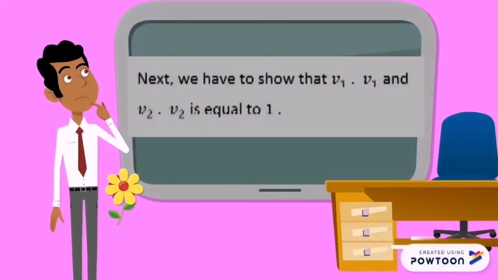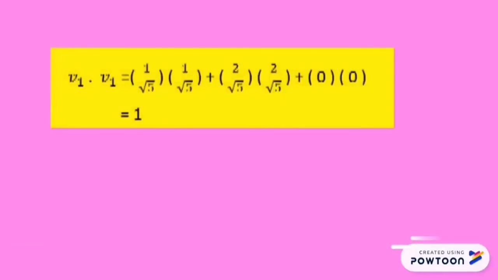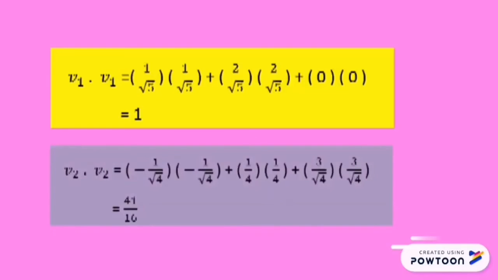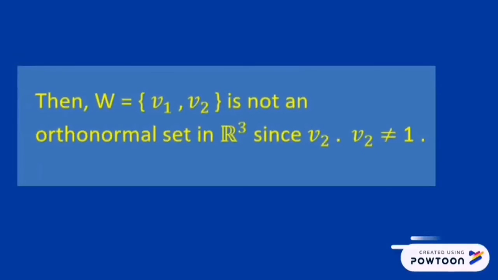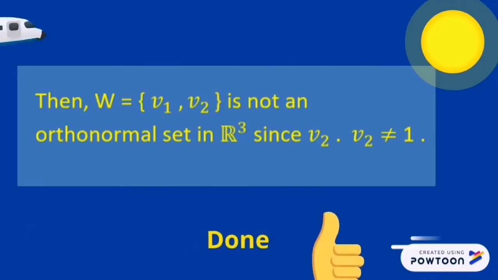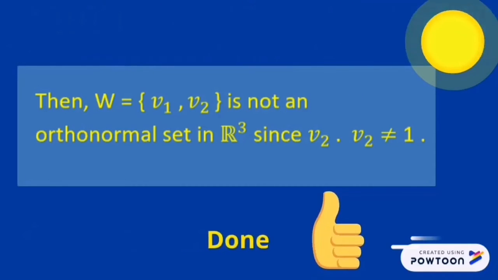Next, we have to show that V1 times V1 and V2 times V2 are equal to 1. When V1 times V1, we get 1. And when V2 times V2, we get 41 over 60. Then, we can conclude that W equals V1, V2 is not an orthonormal set in R to the power of 3, since V2 times V2 is not equal to 1. Done!